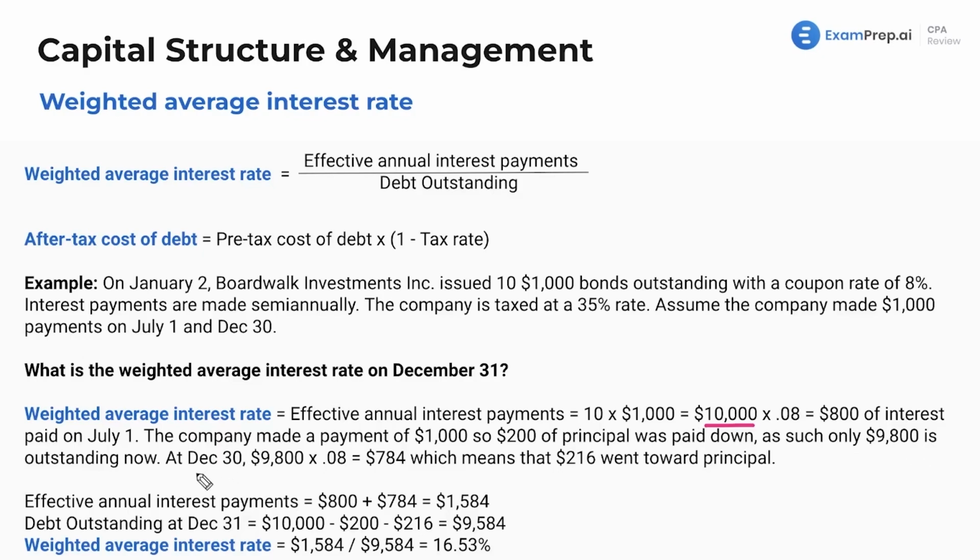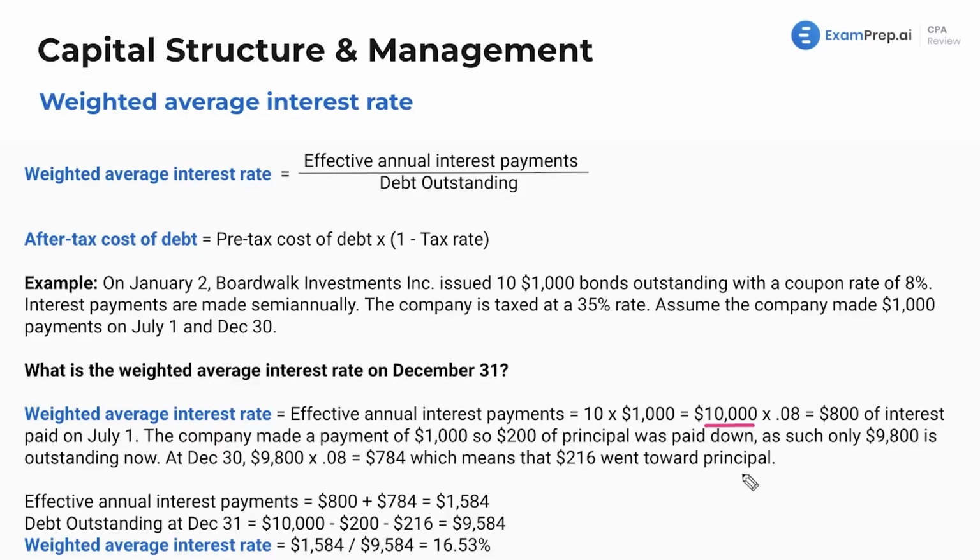But then when you go to do the next calculation, because you made an interest payment, now the balance is only 9,800. So now you do 9,800 times 8%. That means that you only owed $784 in interest. That means that now more money, 216, went towards principal. You see what we did there?